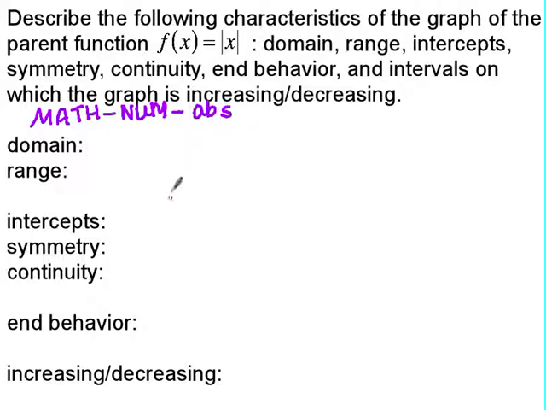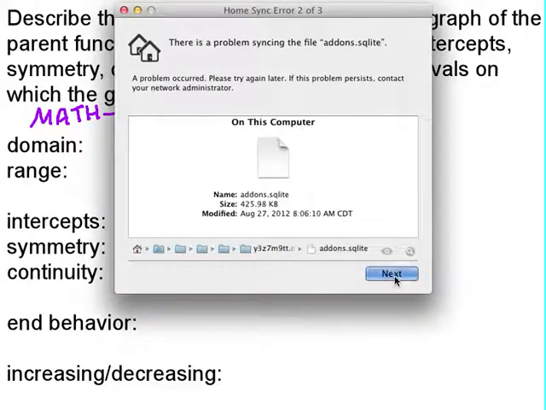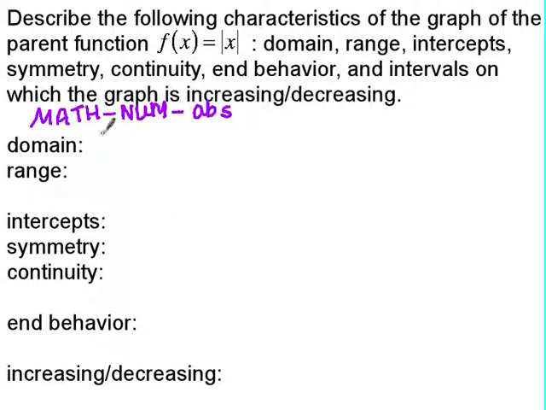Okay, so domain. What can you tell me about the domain there? What's the leftmost part of the graph? Negative infinity to where?